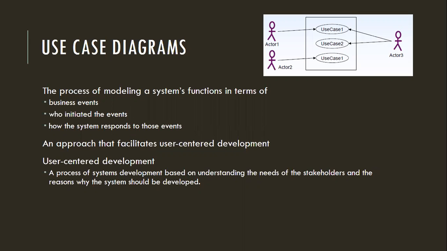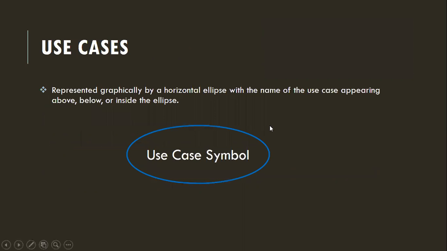Let's see here. If we want to represent a use case, you have to use an oval shape. Through the oval shape only you will be initiating a use case. A use case is represented graphically by a horizontal ellipse with the name of the use case appropriately above, below or inside the ellipse.